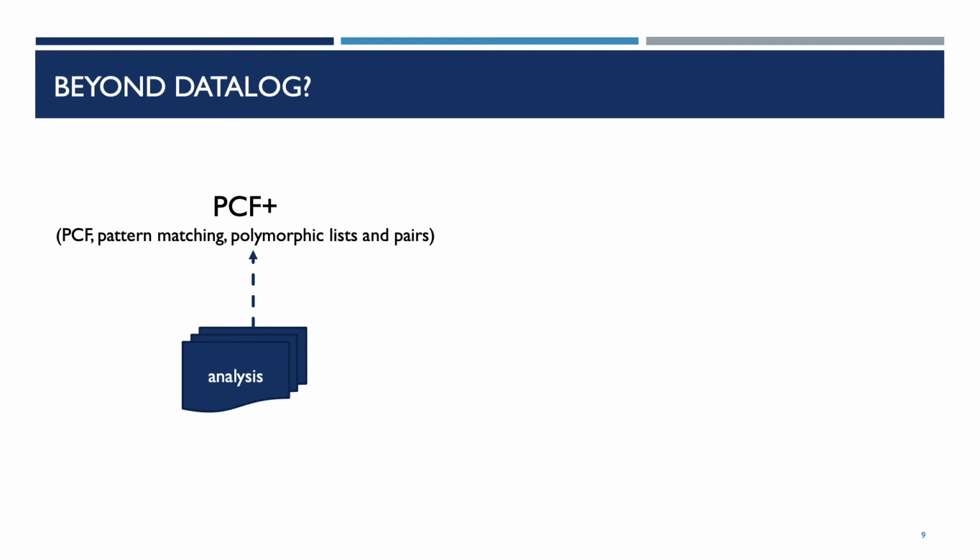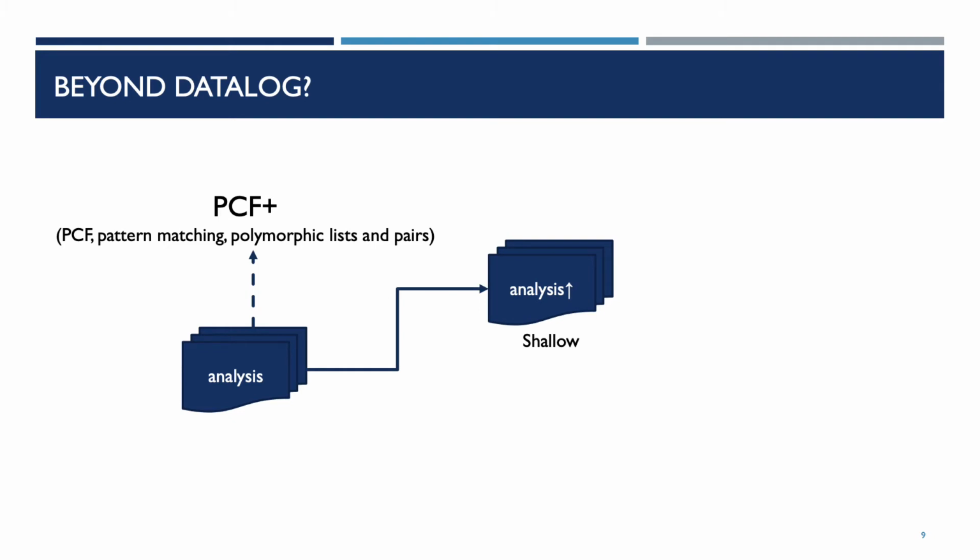And in that language, we wrote a set of analyses. And in the paper, we presented a couple of approaches to lifting those analyses. The first, what we call shallow lifting, wraps an analysis into a variability-aware version of it.